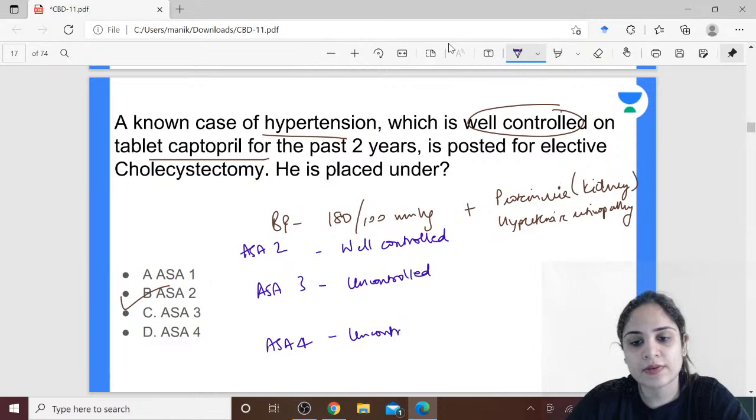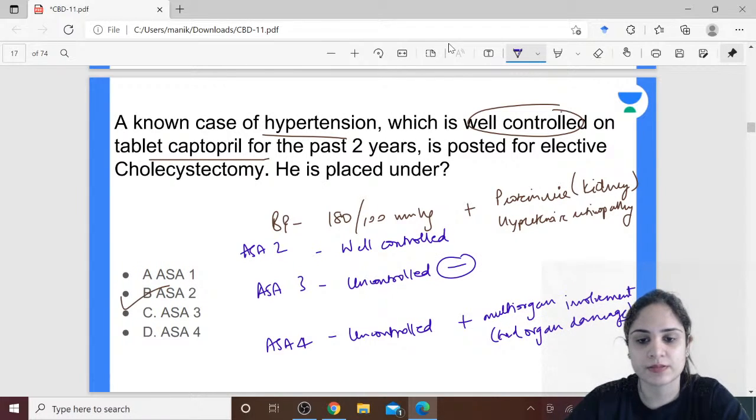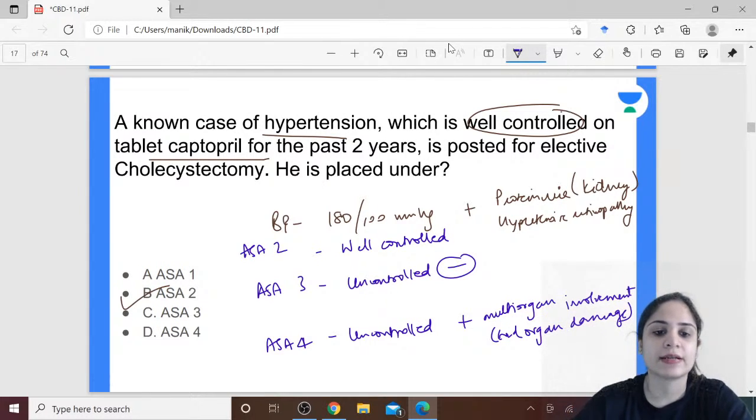ASA 4 will have uncontrolled systemic disease plus some multi-organ involvement. When I say multi-organ involvement, I mean there is end organ damage. In ASA 3 end organ damage is absent, but in ASA 4 you will have end organ damage.